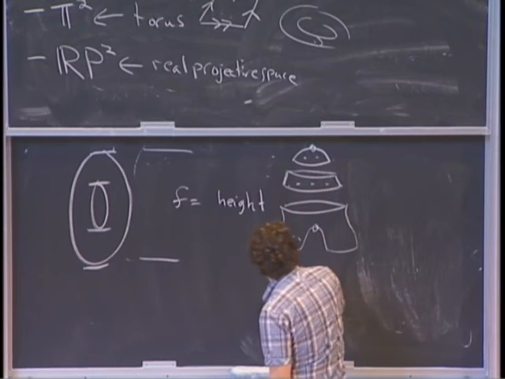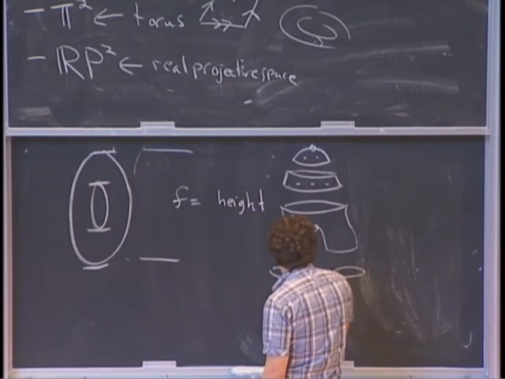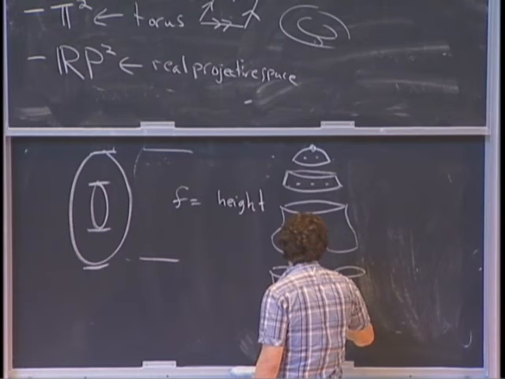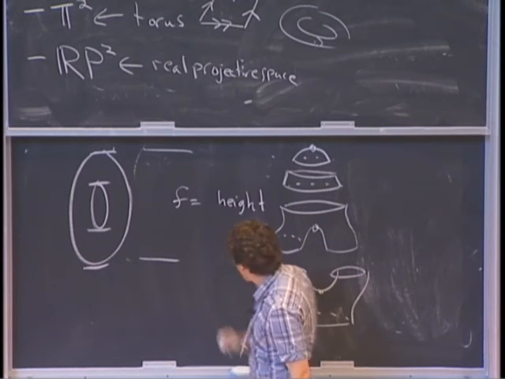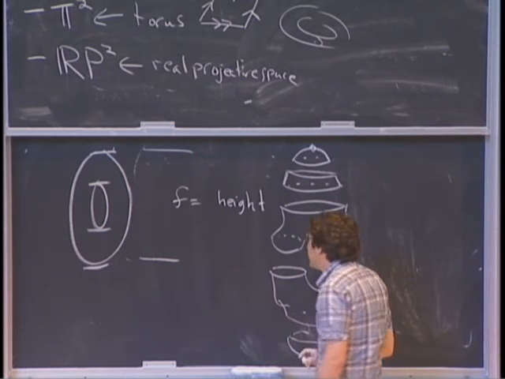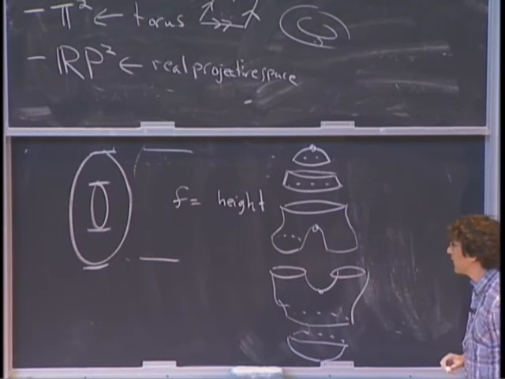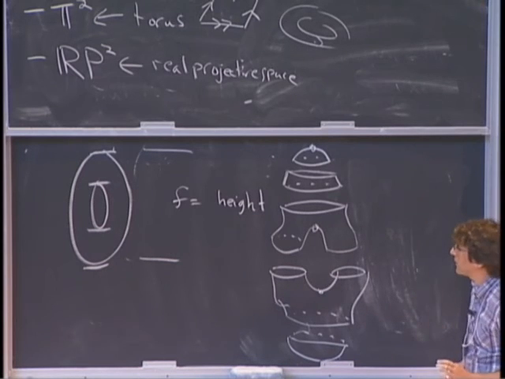Then that pair of pants is glued to another pair of pants, which again corresponds to a critical point. And then at the end, we could have another annulus, or we could just think of it as capping off the disk.